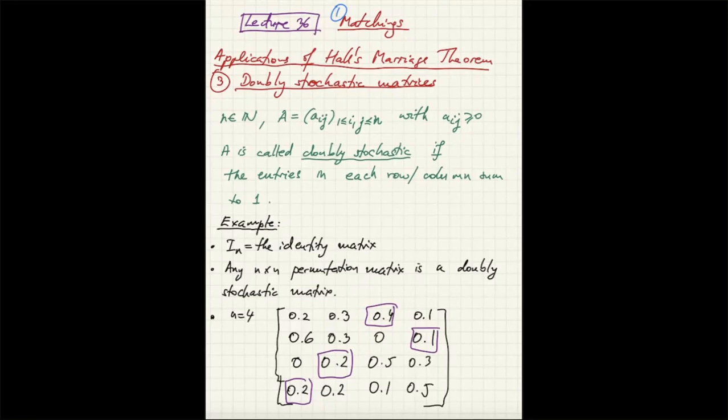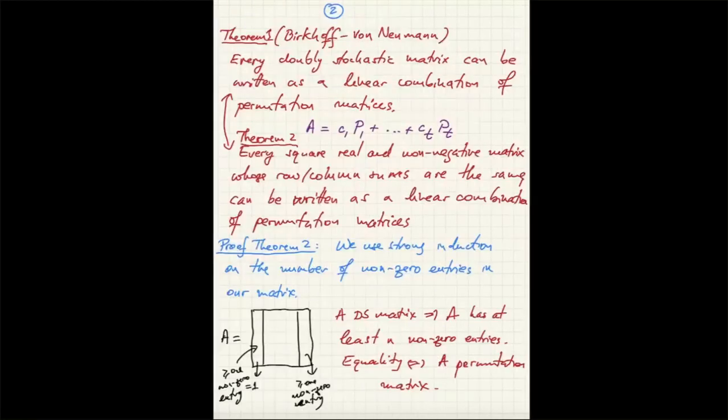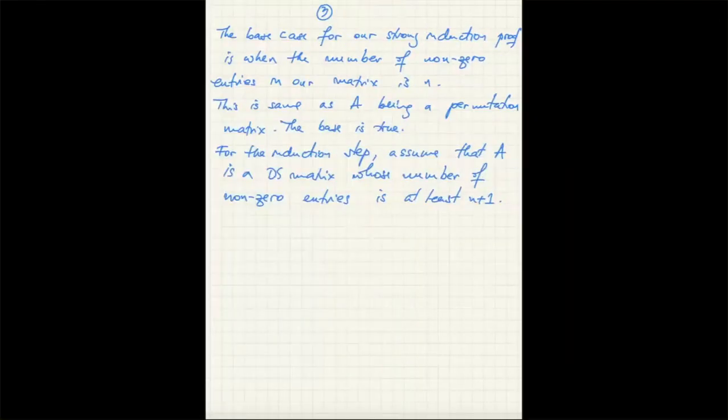So that's the first thing that we want to show, that we can do something like that in our matrix. So if we come back here, we have a little claim, which will start our induction step proof.